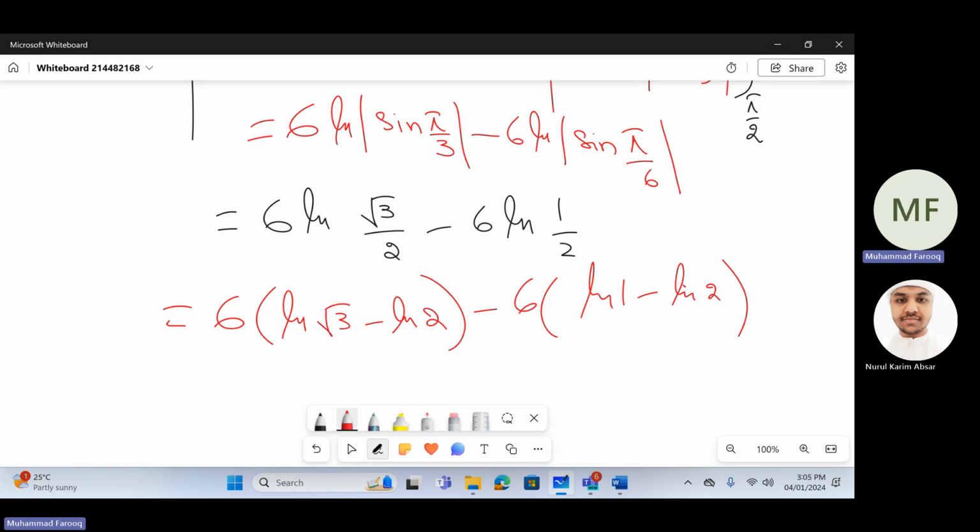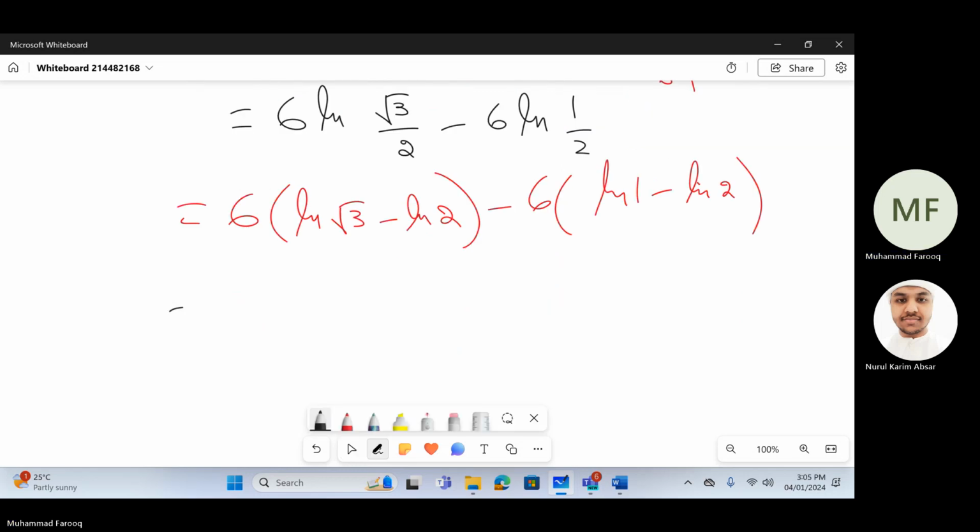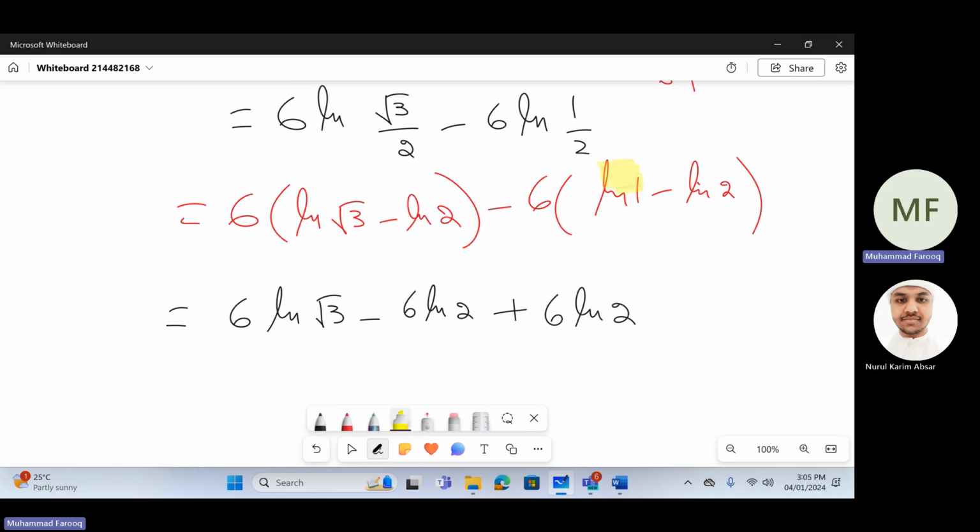What is ln 1? 0. Exactly. So now we have 6 times ln square root of 3 minus 6 times ln 2. Negative, negative, positive, 6 times ln 2, because ln 1 is 0. All of you understand? Clear?